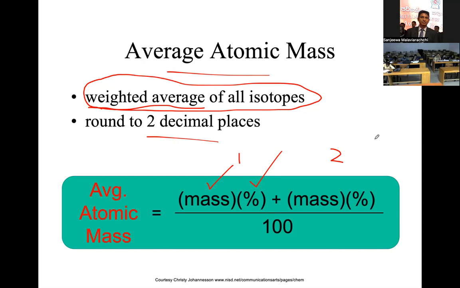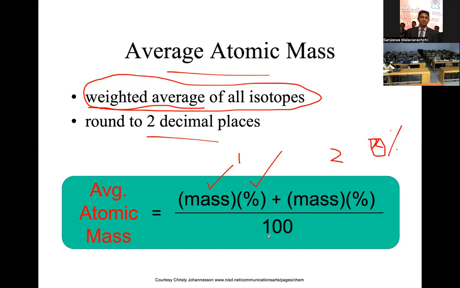For example, if an element has X percent abundance, it means if you take 100 atoms of that element, you will find X of them in that particular isotope. So average atomic mass is given by the weighted average of all the isotopes.